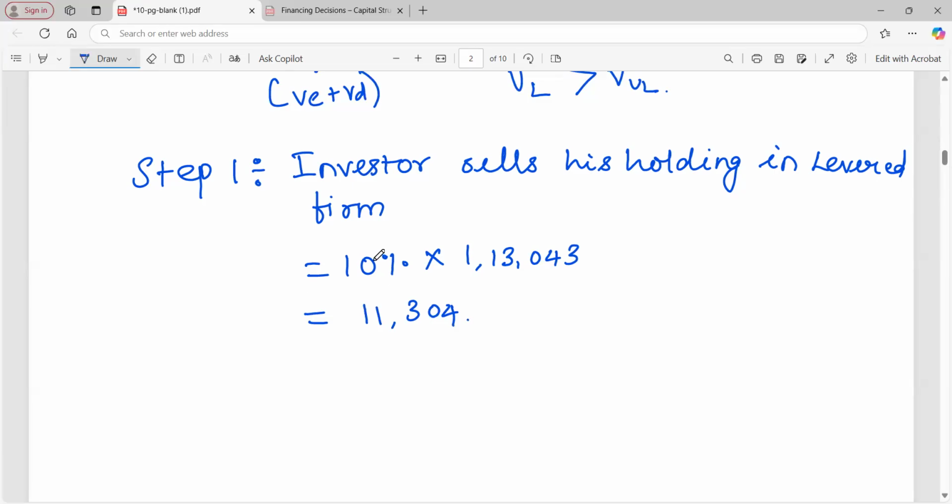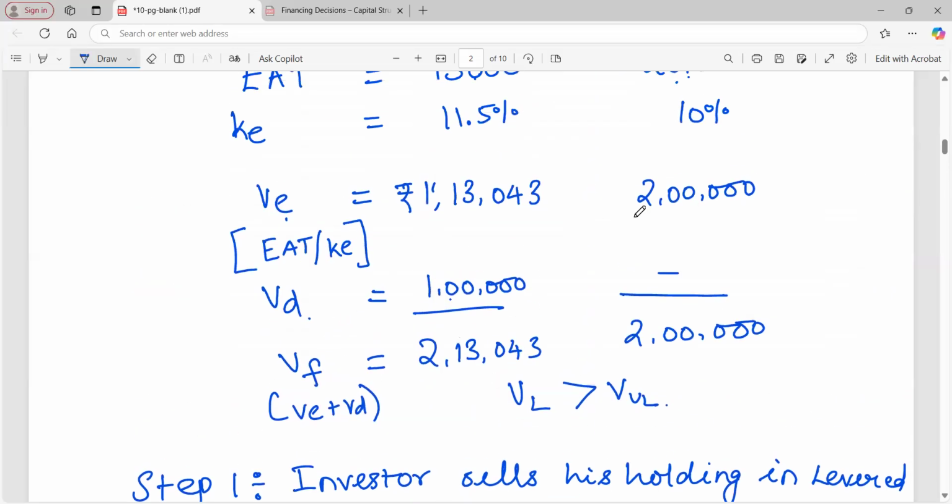Now, the investor was holding 10% in the levered firm. Now he sold the shares of the levered firm and he received cash. Now he has to invest the same 10% in the unlevered firm, right? What is the value of the unlevered firm? It is 20,000. Right? We are talking about only equity investment, not debt investment.